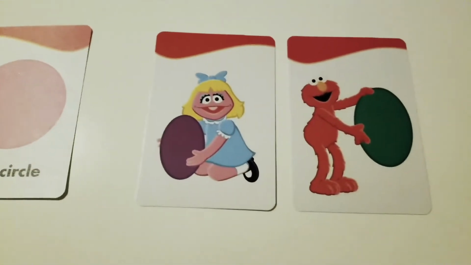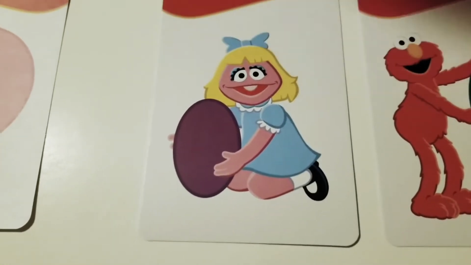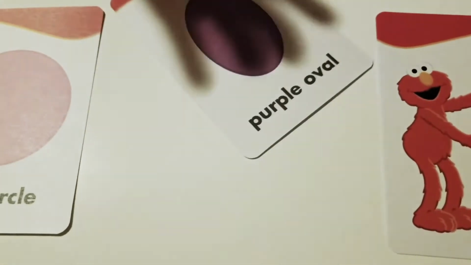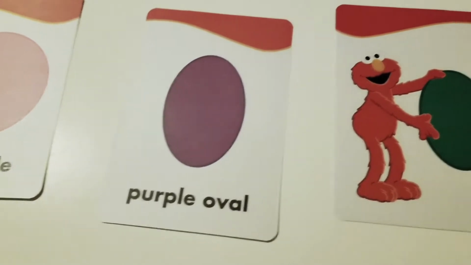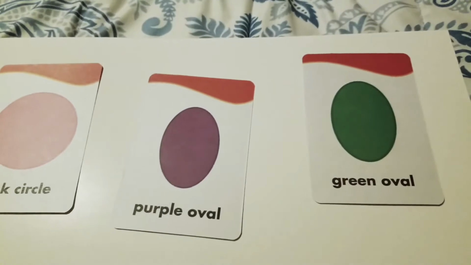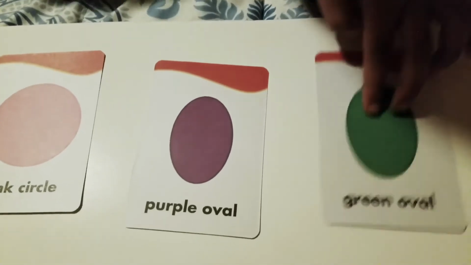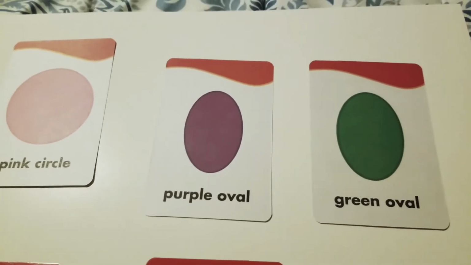Let's move on to these shapes and colors. What do you think, friends? It's a purple oval. Purple in Hindi is bangani. And that's a green oval. Green in Hindi is hara. Green, hara.